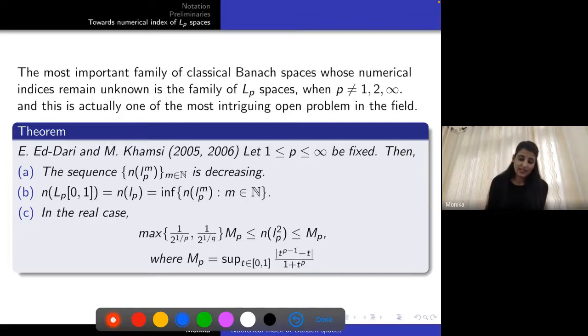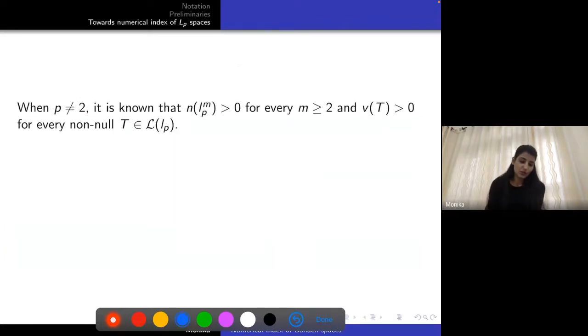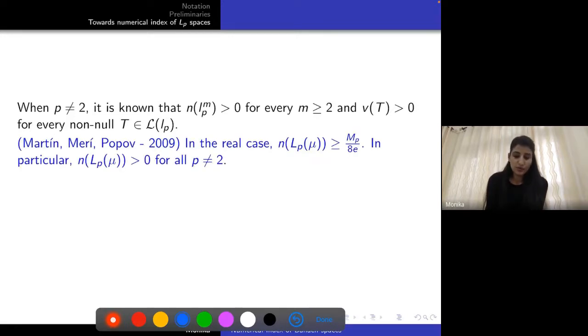So the next question that was asked is: is the numerical index of L_p positive for p not equal to 2? And it was proved by Martín, Merí, and Popov in 2009 that the numerical index of L_p(μ) is always positive for p not equal to 2.